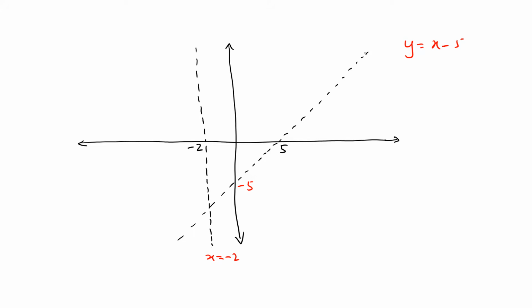Then we can mark the other information we have. We know there was a zero at negative 1, and another zero at 4. This is 4 and this is negative 1. We also know the graph goes to infinity in this corner and negative infinity in that corner. Since these two are asymptotes, we can graph this side like this. It's going to go like that. This is the asymptote for the right side, so that's going to continue.